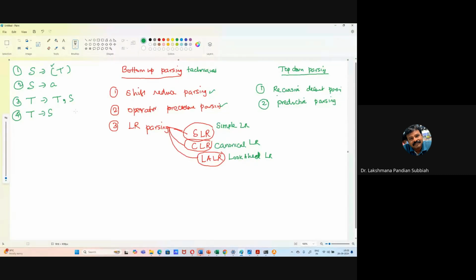So parsing, right? Now we'll start the shift reduce parsing.